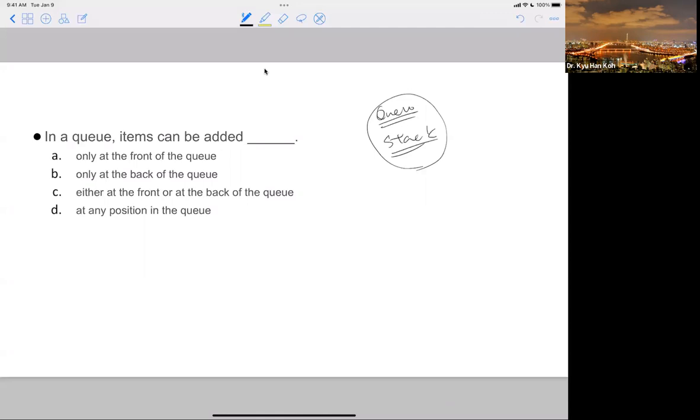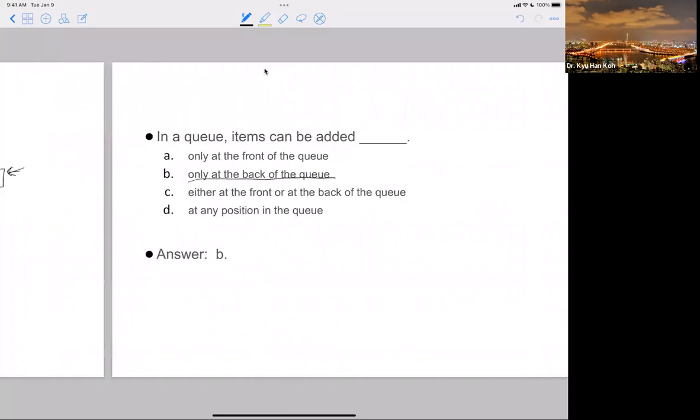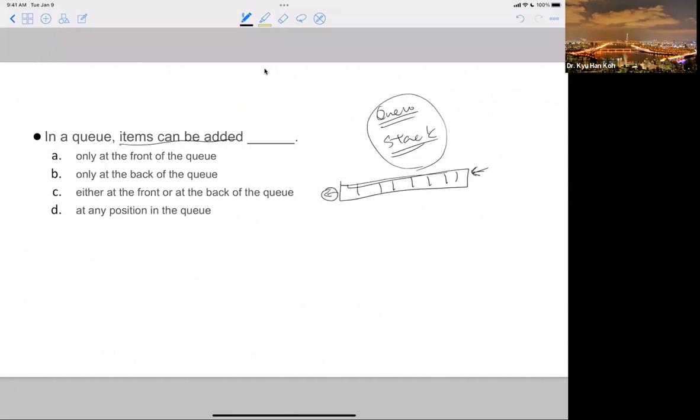So in a queue, items can be added, and we usually use this kind of example. It goes in and it goes out, right? So in a queue, items can be added only at the back of the queue. So when we have this queue structure, we put things here.